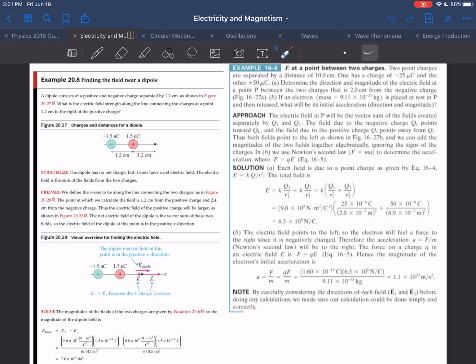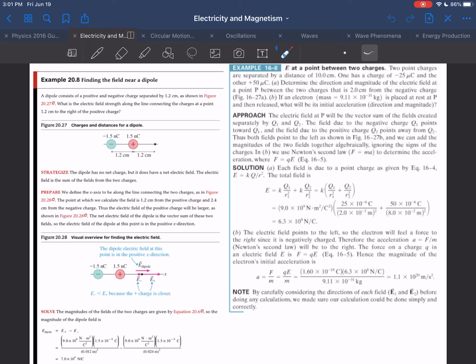Notice, and this is sort of key to understand, we're not using Coulomb's law to discuss the interaction between this charge and this charge. We're asking ourselves, what would the field be at this point? If we put a charge there, it would produce a force, and that force would be due to both the negative charge and the positive charge.